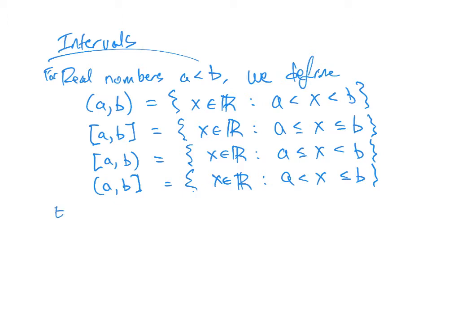Each of these has a quantity we're going to call length. And the length is just b minus a. That's just the length of the real line that it's taking up, right? And it doesn't matter if you have the endpoints or not. You get the same length.